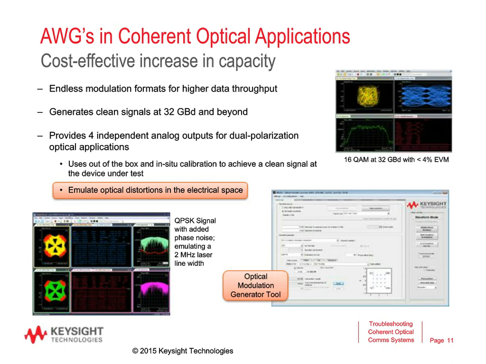So I'm adding some phase noise on the signal, and you see how the constellation points start to rotate and don't look like a circle as we expect it to be in a perfect or more or less perfect condition. Also on the lower right-hand side, we show the user interface to generate these kind of impairments. For those of you who are interested here, it's a 2 megahertz laser line width that I'm simulating right on the left-hand side here with my arbitrary waveform generator.